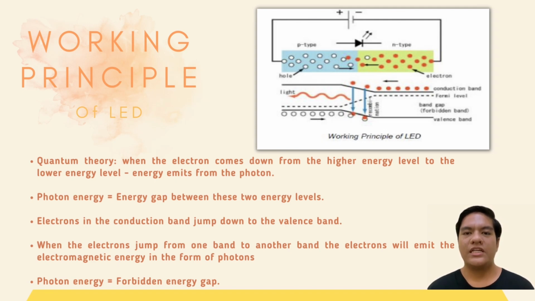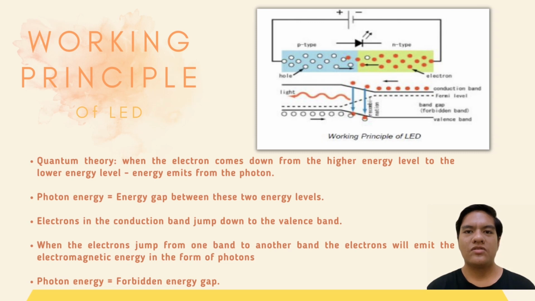The flow of current in the semiconductor is caused by both the flow of free electrons in the opposite direction of current and the flow of holes in the direction of the current. Hence, there will be recombination due to the flow of these charge carriers. The recombination indicates that the electrons in the conduction band jump down to the valence band.